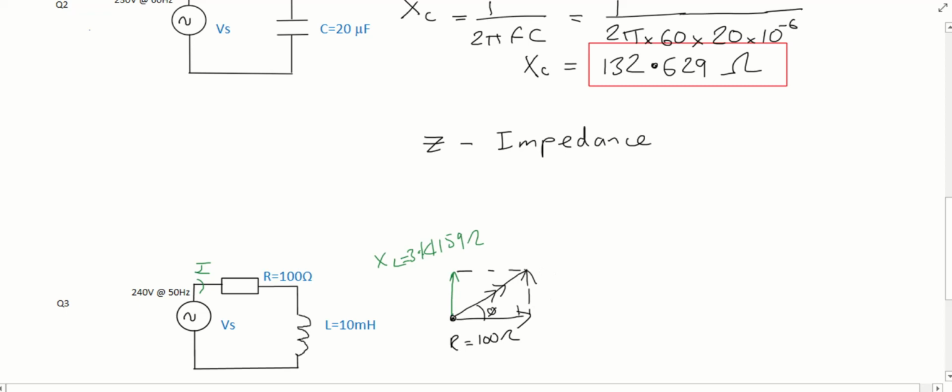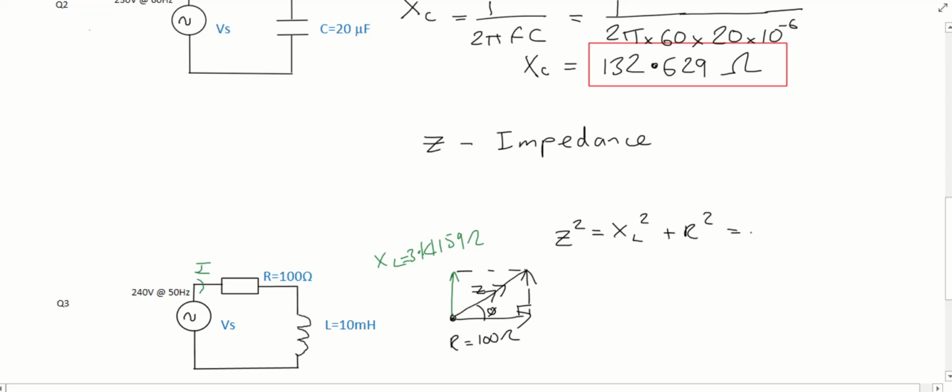So we have just drawn a right angle triangle. So we are able to calculate Z there using Pythagoras' theorem. Z squared, the large side, is equal to XL squared plus R squared.